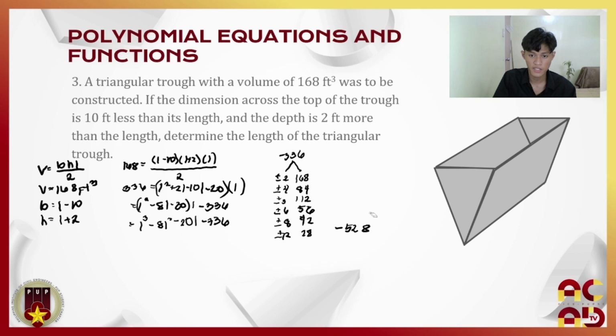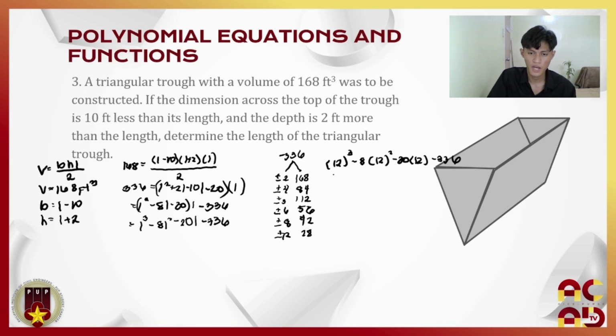So, let's try other. So, how about 12? So, let's substitute 12. 12 cubed minus 8, 12 squared minus 20 times 12 minus 336.